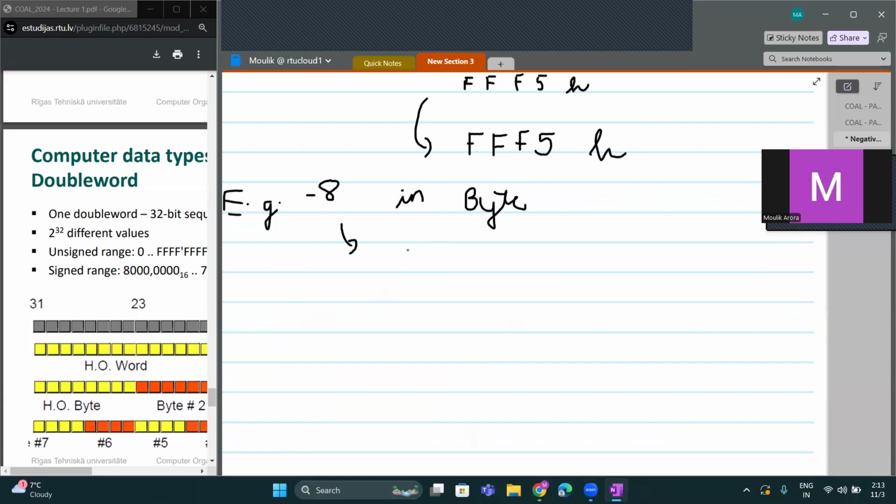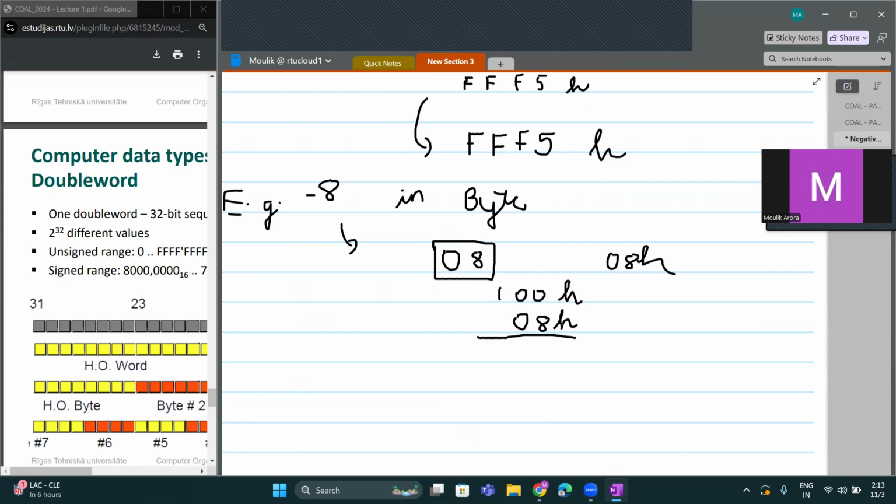The positive value of 8 in byte format, in hexadecimal, is 08H. What we do is subtract this value from one extra digit, so 00H, like this.